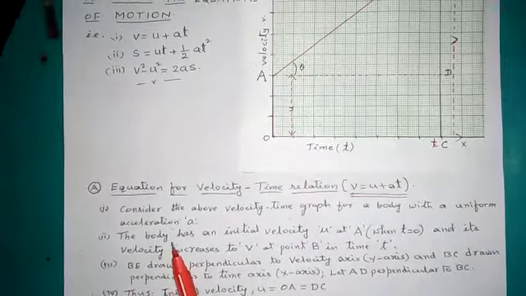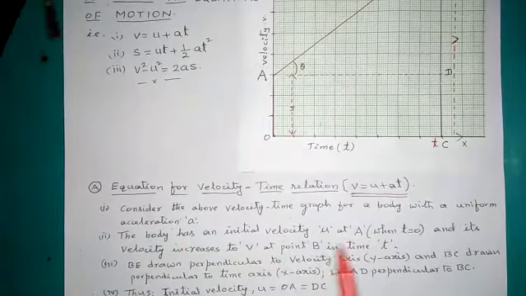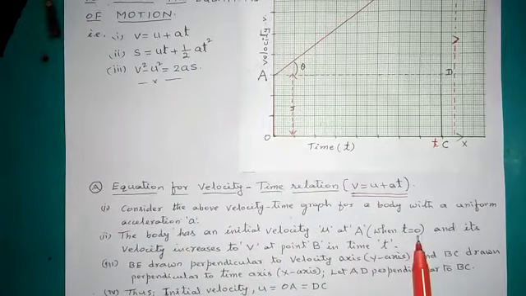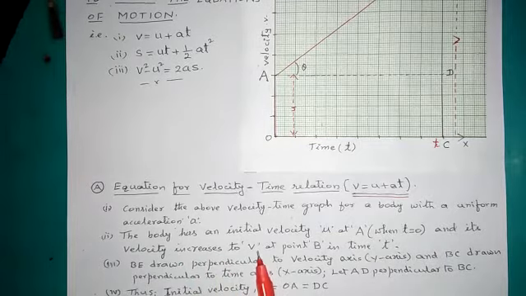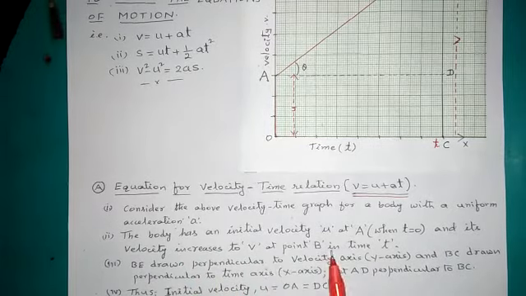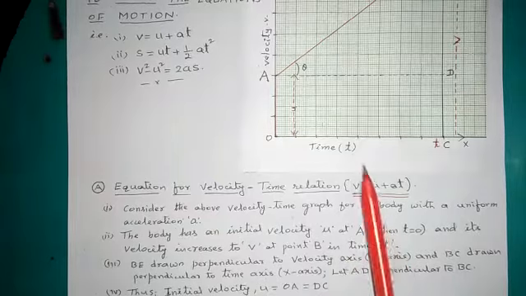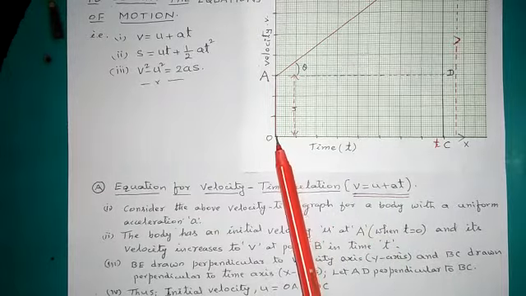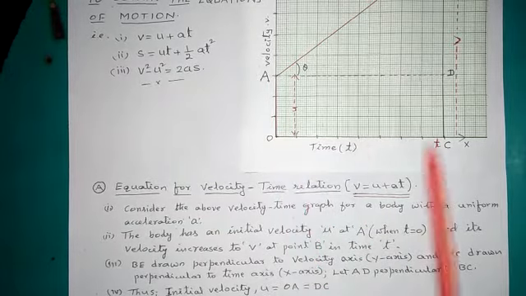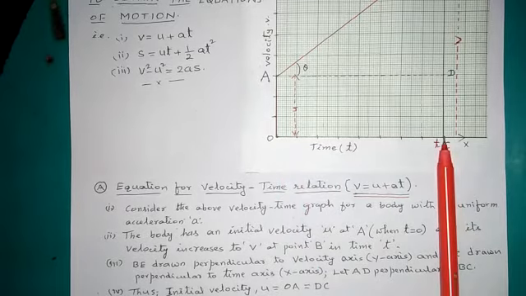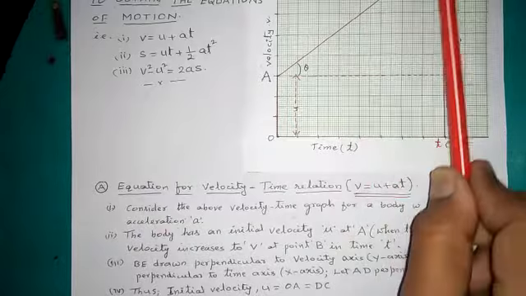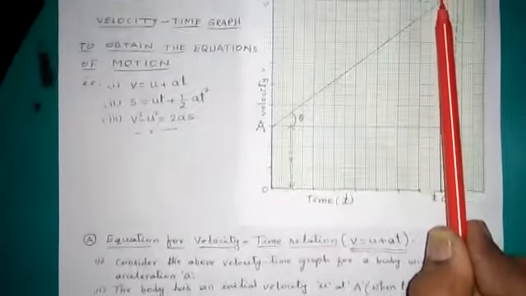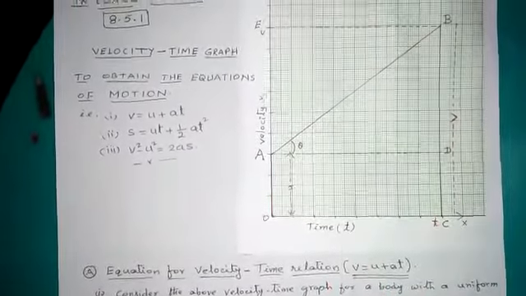Its velocity increases to v at point B in time t. As you observe this graph, as the time increases from 0 to t, the velocity increases from A to B. Understand?